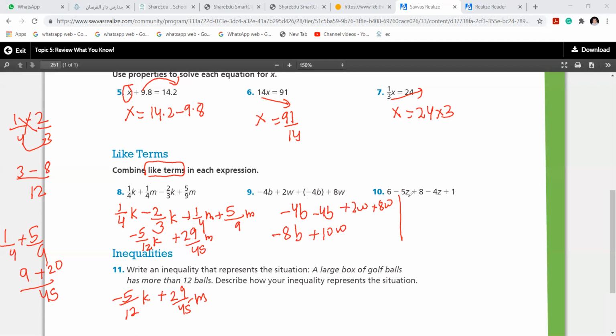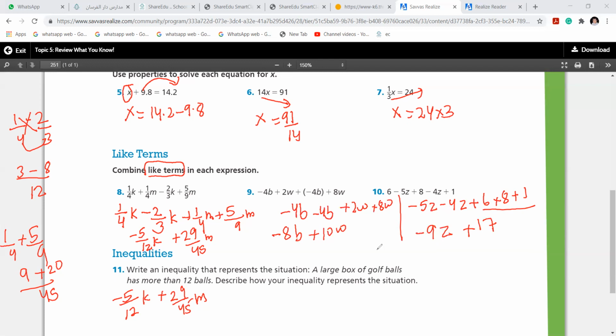Let us bring numbers. First, let me bring minus 5z, minus 4z, and then plus 6 plus 8 plus 1. This is plus 15, and 5 and 4, I need to add because both are same sign. 9z. Even if you don't know, just use your calculator. Minus 5 minus 4 is how much?